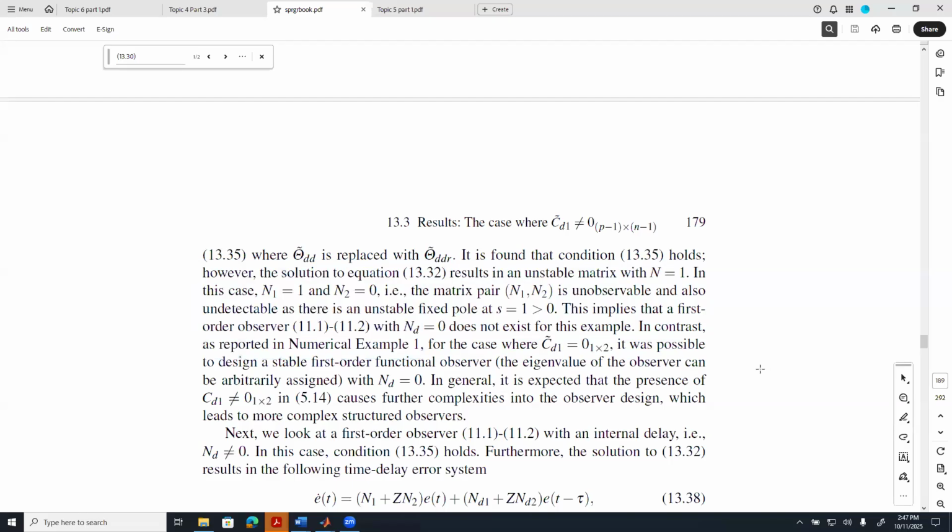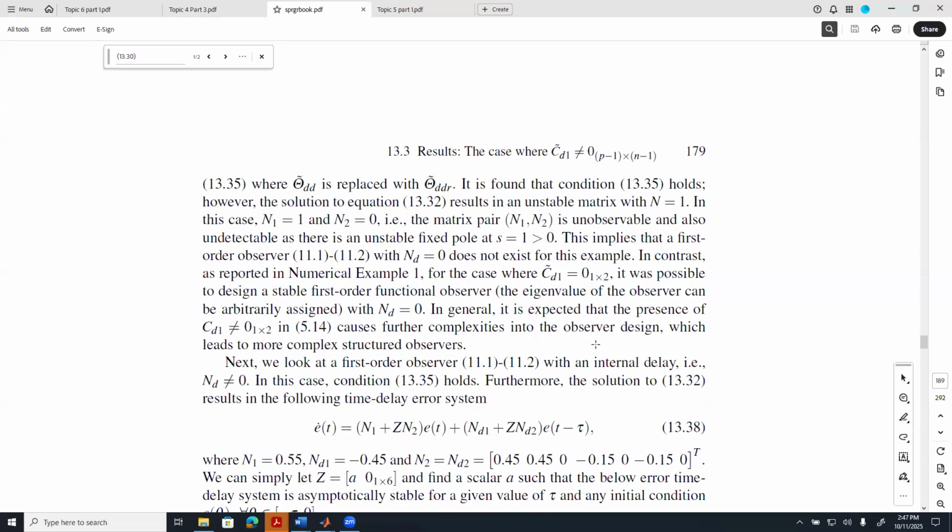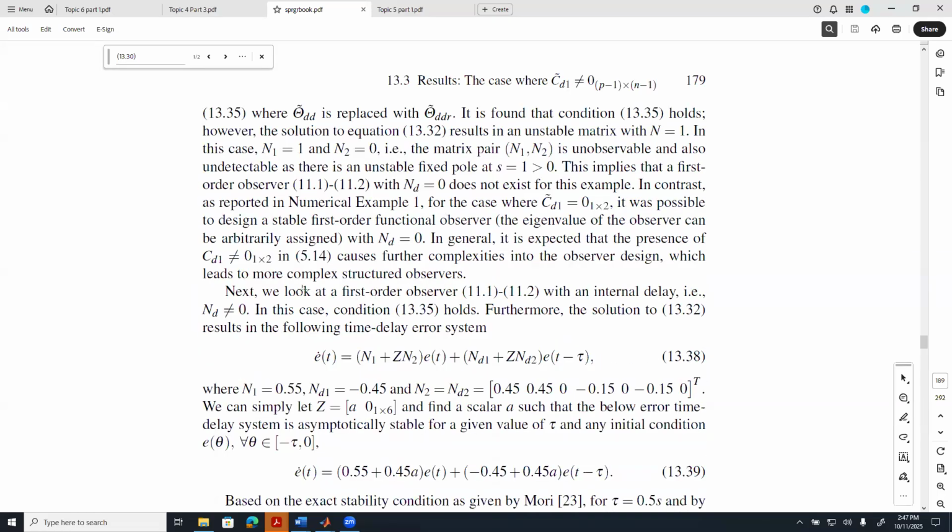So what we say in here is, the first order without internal delay doesn't work. So what is the next option available? The next option available is an observer with an internal delay. Why do we have to do internal delay for this?